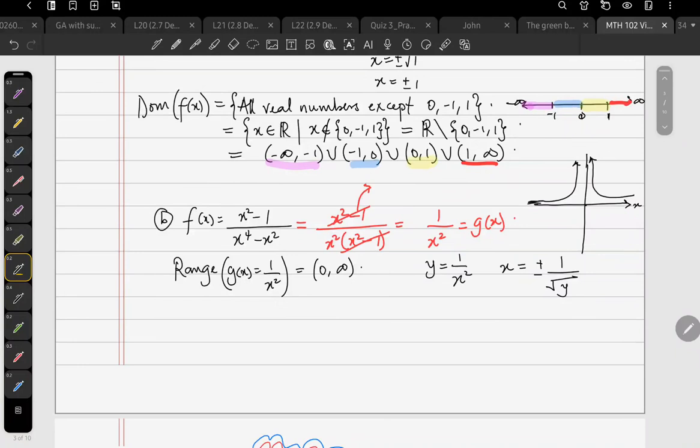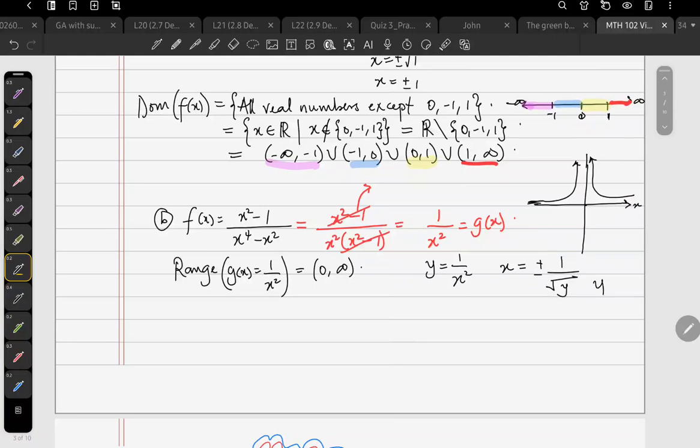So what's the domain of this function? This function is a fraction, so the denominator cannot be 0. But also the denominator has a square root. When we have a square root, we know that the only numbers that we can put in are non-negative numbers, 0 and above. But because it is also a fraction, 0 cannot go in here.